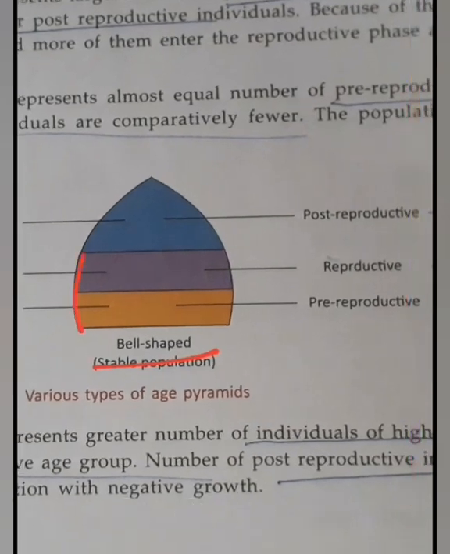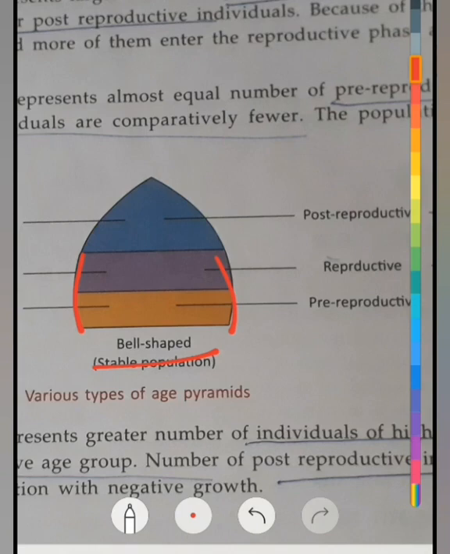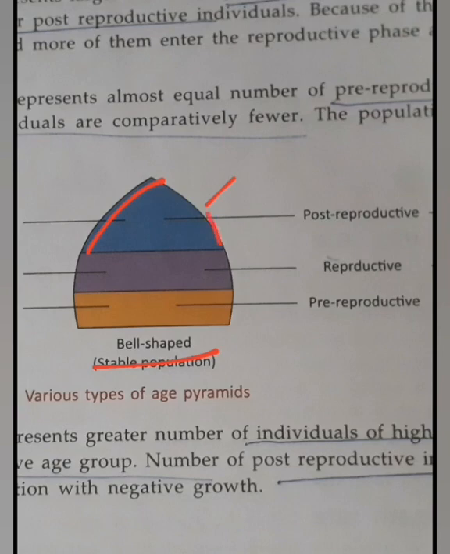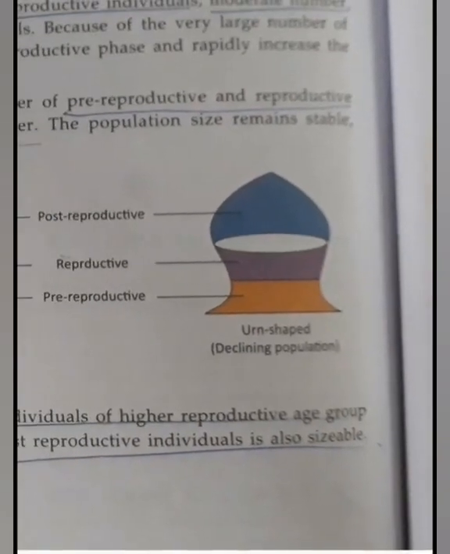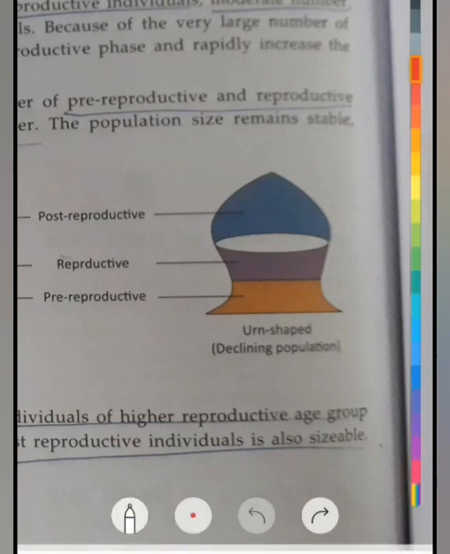But in the post-reproductive age group, the number is lowest at the end. So it is forming a bell-shaped structure, known as the bell-shaped age pyramid, which represents a stable population.